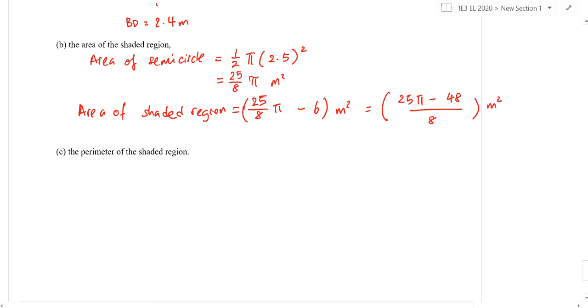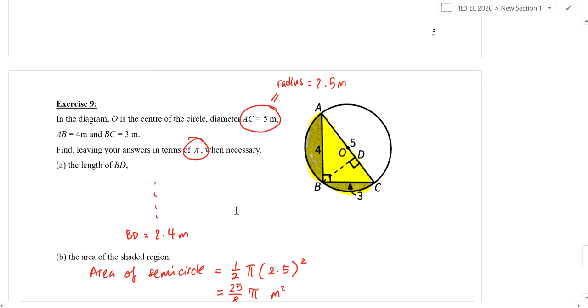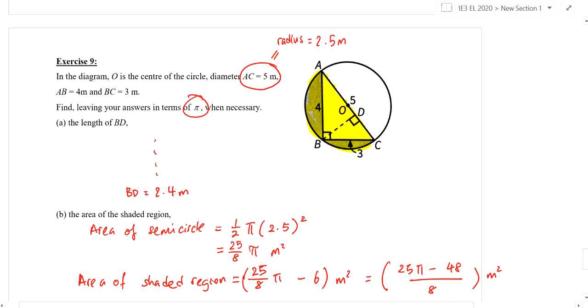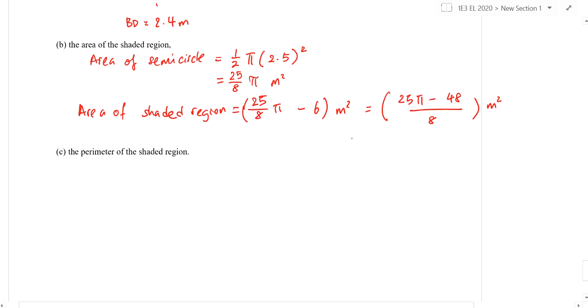And finally, to find the perimeter of the shaded region. Perimeter of the shaded region is given by half of the circumference of the circle added to 4 and 3. So perimeter is 4 plus 3 plus half of the circumference. Circumference of a circle is given by 2 pi times r.